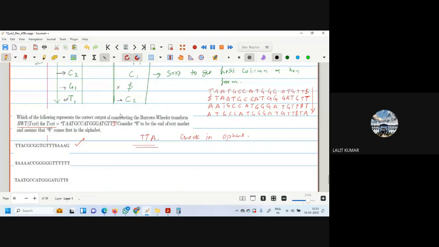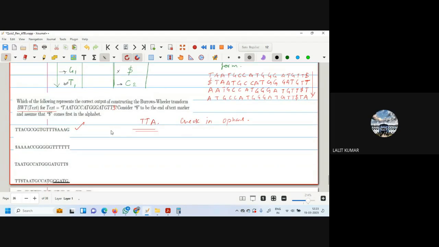Cool. Now, the next question is, which of the following represents the correct output of constructing the Burrows-Wheeler transform for the text? So this is the text and they have asked what will be the encoding. I'll give you a small shortcut. These are the choices they have given.